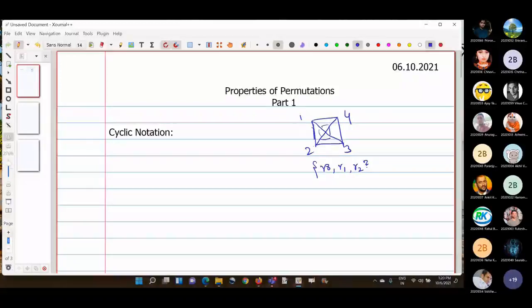Particularly, we wrote it like this: R0 and R90, and then R180. Of course, there was one more thing, R270. And this was a subset of what is called D4. Fine. Okay. So this we have seen.